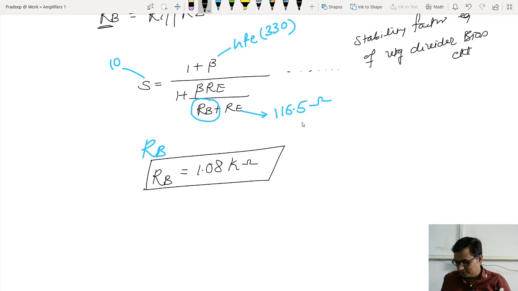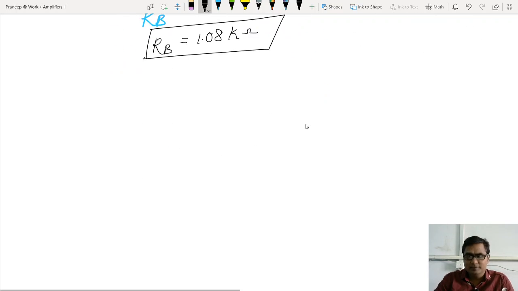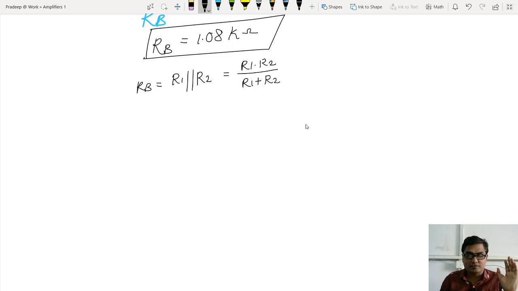I have calculated RB from the stability factor equation, and RB is nothing but R1 in parallel with R2, so R1 R2 divided by R1 plus R2, which is 1.08 kilo ohm.